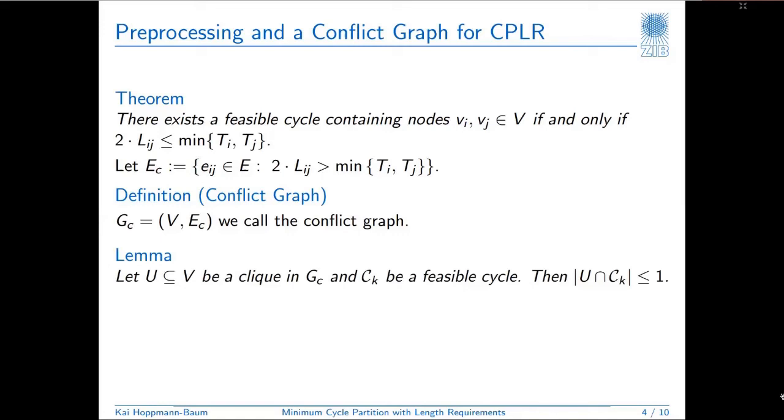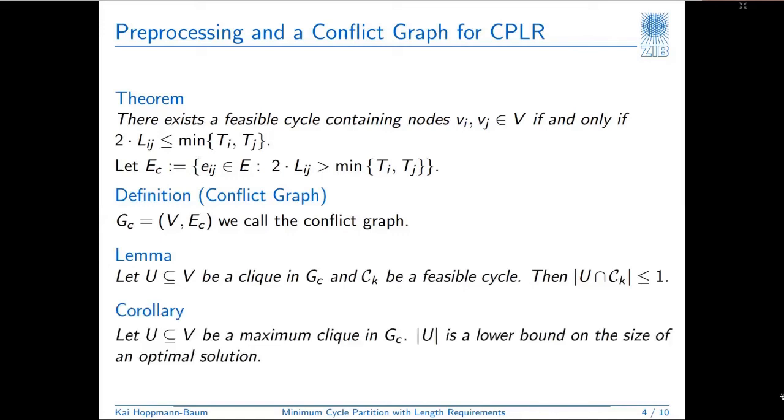If we have a clique in this graph, then in each feasible cycle in a solution there can be at most one vertex of this clique, because otherwise, if you have two, there is an edge between them, and as I said, there cannot be a cycle containing these two vertices. Furthermore, a maximum clique gives us a lower bound on the size of an optimal solution, right? So keep this lemma in mind.